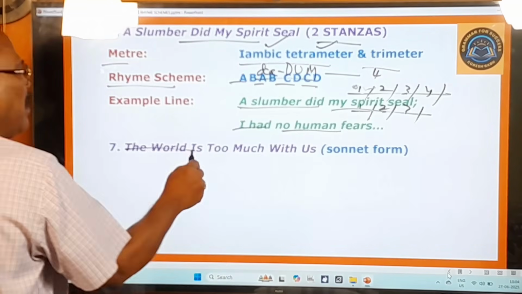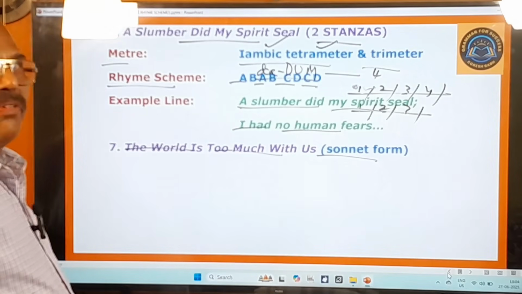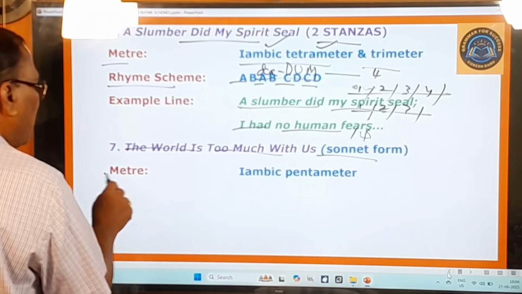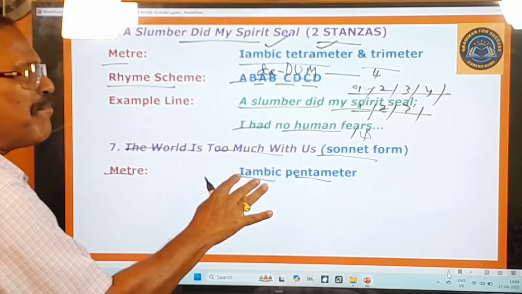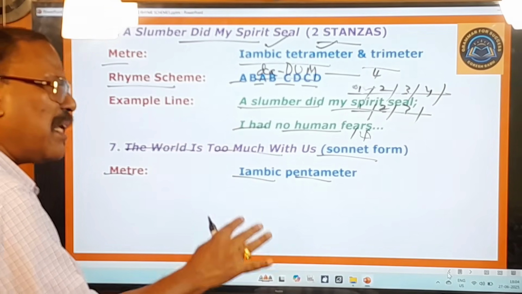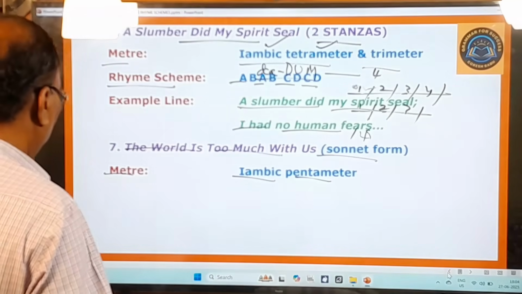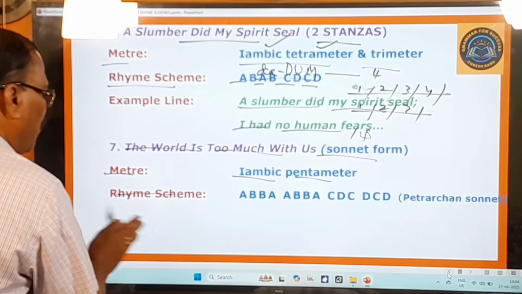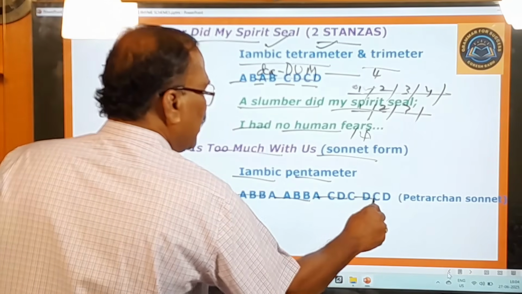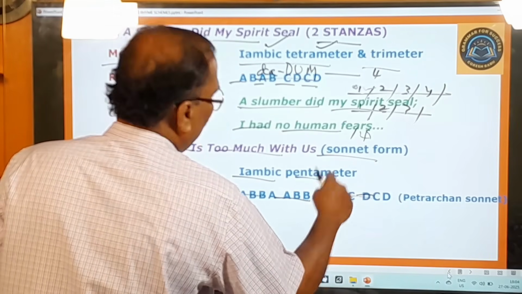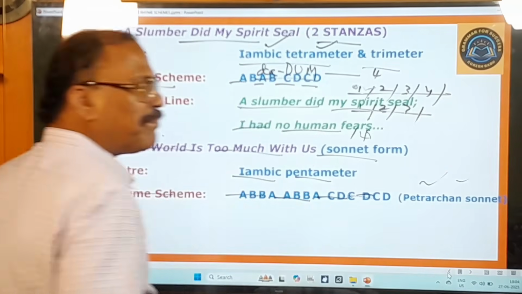Seventh poem, The World Is Too Much With Us. That is a sonnet again from William Wordsworth. The meter followed in this poem is iambic pentameter again. It's a popular meter. Generally, the poets follow only the iambic pentameter. You know very well about that. And the rhyme scheme followed in this is A B C D C D C D. Again, C D C is also there because it is a Petrarchan sonnet.